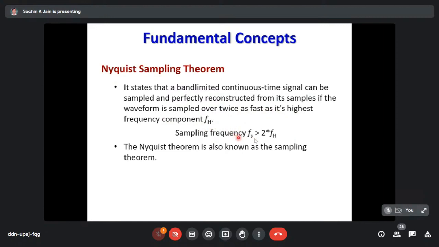If your signal has highest frequency component fh, and we want to represent our signal properly, then its sampling frequency should be at least twice its highest frequency component. If your sampling frequency is less than that, it will result in problems that we will discuss, known as aliasing. The Nyquist theorem is also known as the sampling theorem.